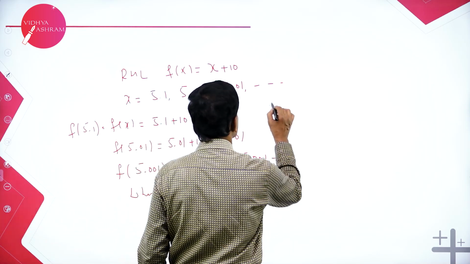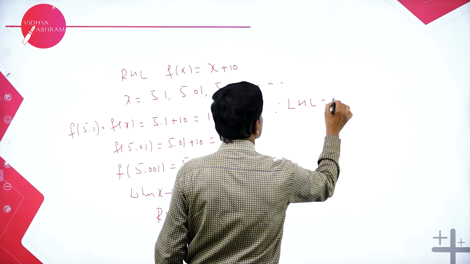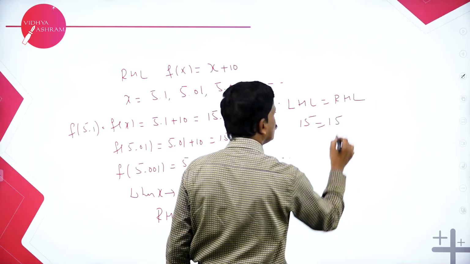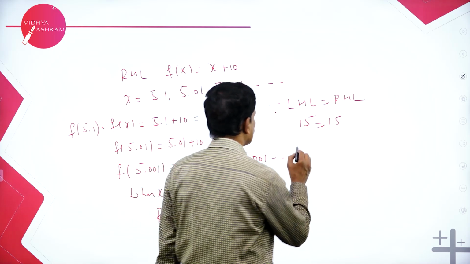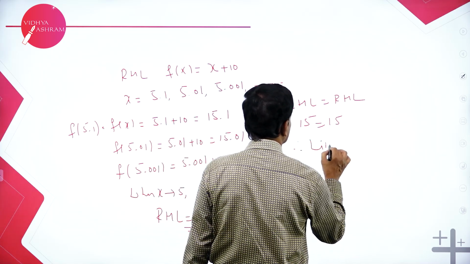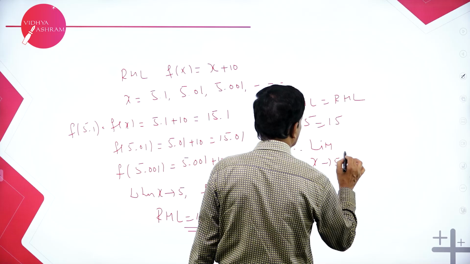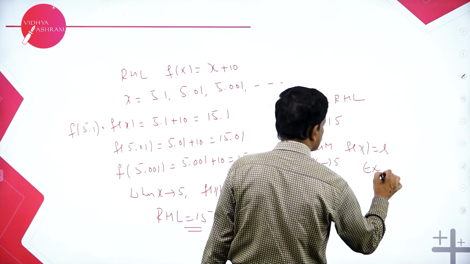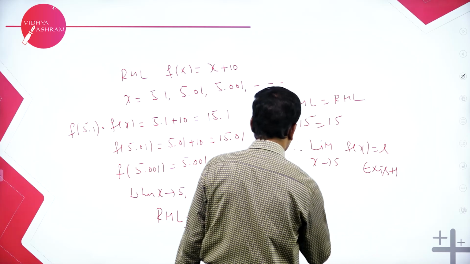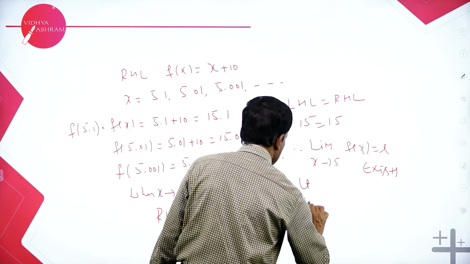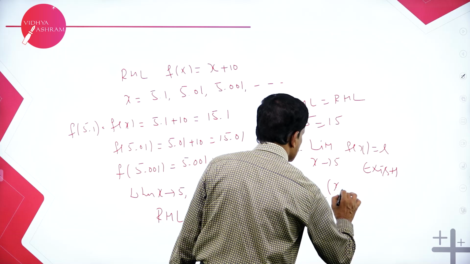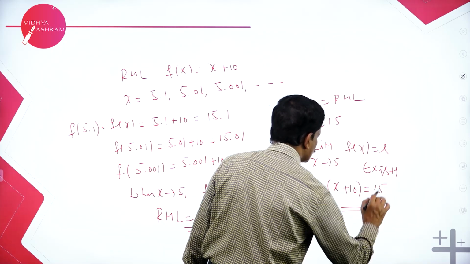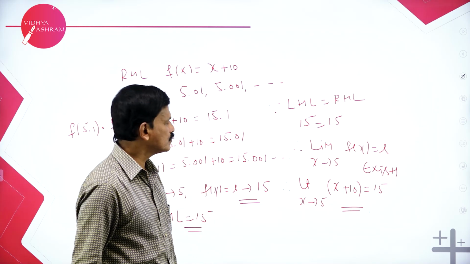So since the left hand limit is equal to the right hand limit, that is 15 is equal to 15, therefore the limit as x tends to 5 of f of x is equal to L exists. That means the limit as x tends to 5 of x plus 10 is equal to 15. The limit of this function is 15.